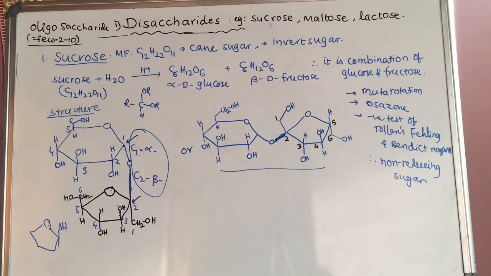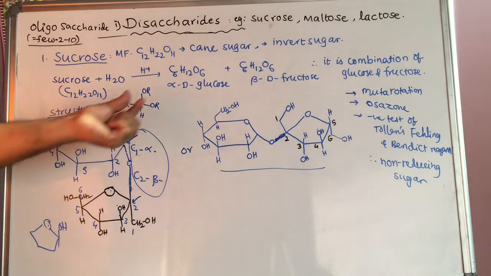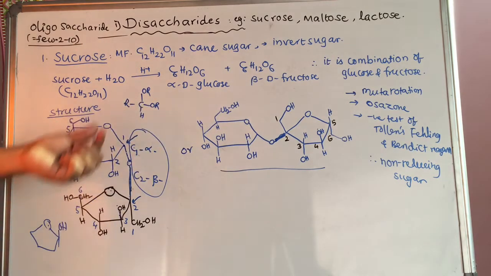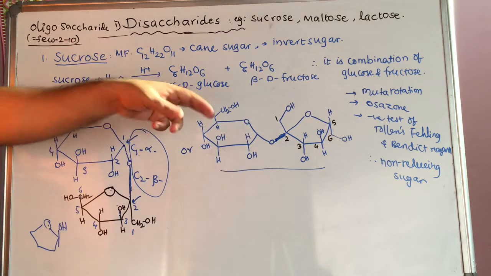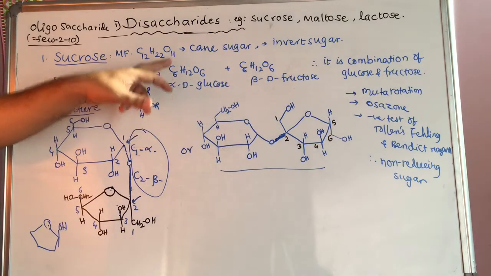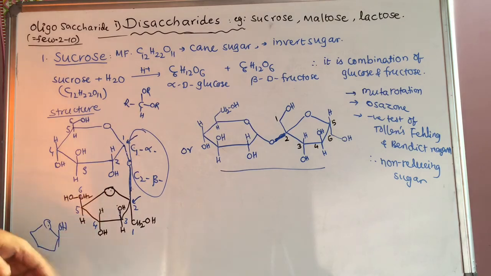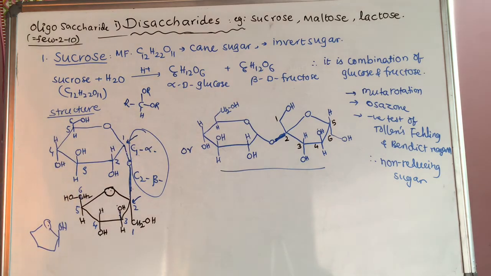If you hydrolyze this sucrose with beta fructosidase enzyme, you get beta D fructose. This indicates that this is the alpha form and this is the beta form. This is also one of the confirmations of why sucrose gives the alpha and beta forms. This is one of the most important points.